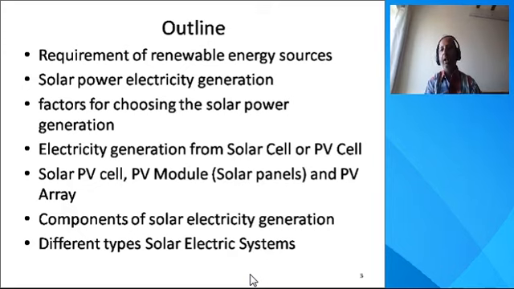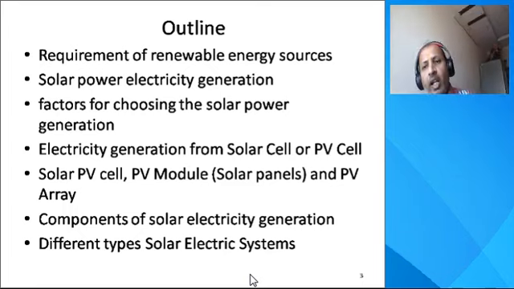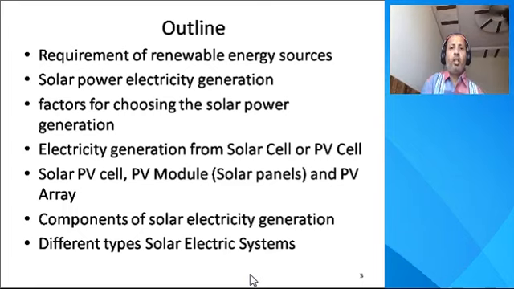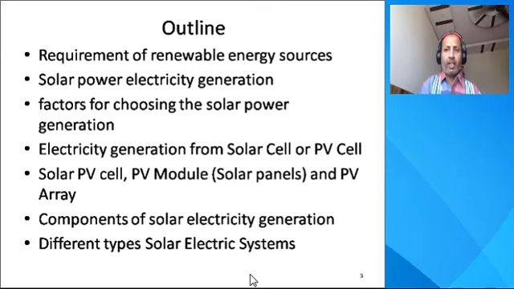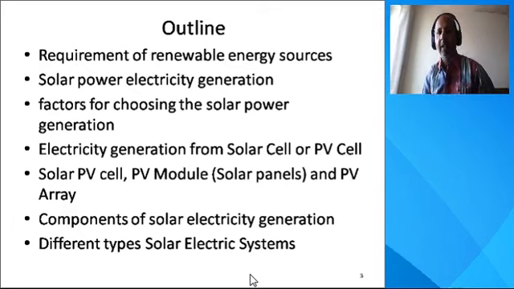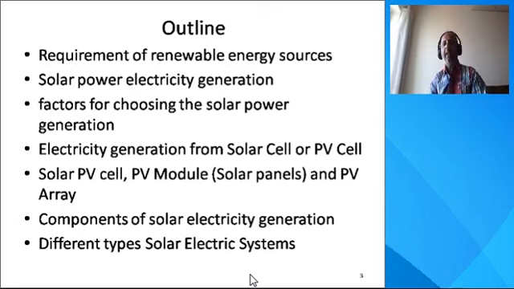So first of all, the requirement of renewable energy sources. What is the requirement? As we know that in the current scenario, the requirement of electric energy is increasing day by day, and we are having the conventional sources, most of them are using the fossil fuels. And as we know that there are two disadvantages of fossil fuels.